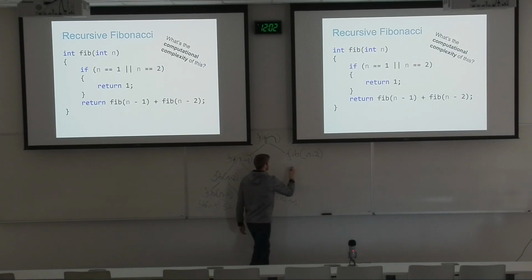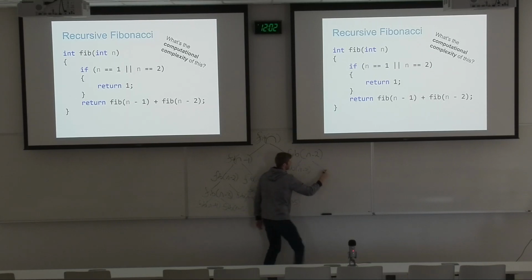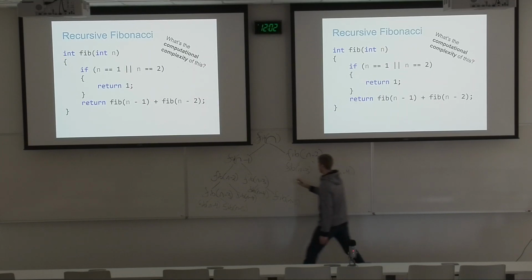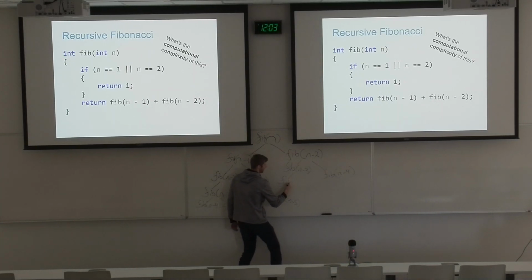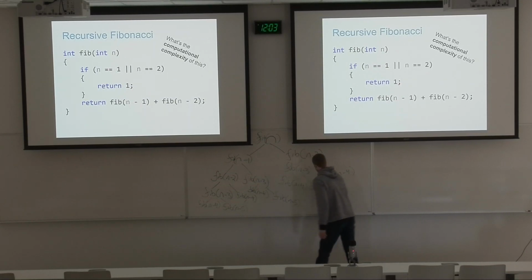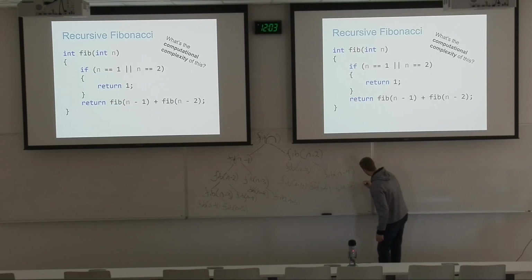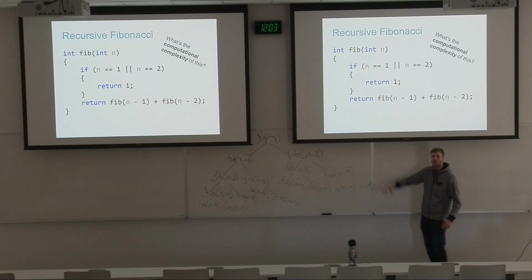I've got fib of n minus 3, fib n minus 4, then fib n minus 4, fib n minus 5, and then fib n minus 5, fib n minus 6. I'm running out of room, but do you see how this is growing?